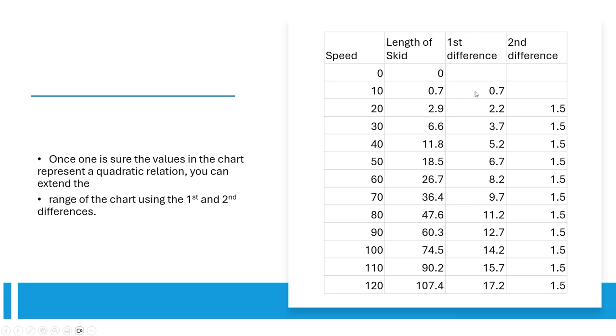But you may have noticed a pattern of first differences and second differences, and we can use this pattern to try and predict what the length of the skid would have been at a speed of 100 kilometers per hour. It's not actually asked as part of the question, but just if your interest takes you this way, you can explore this a little bit more.